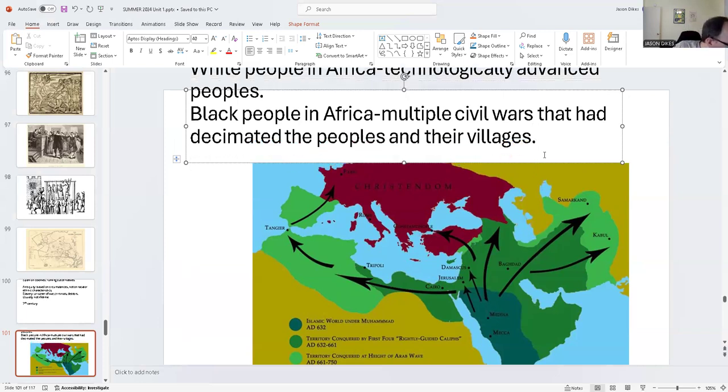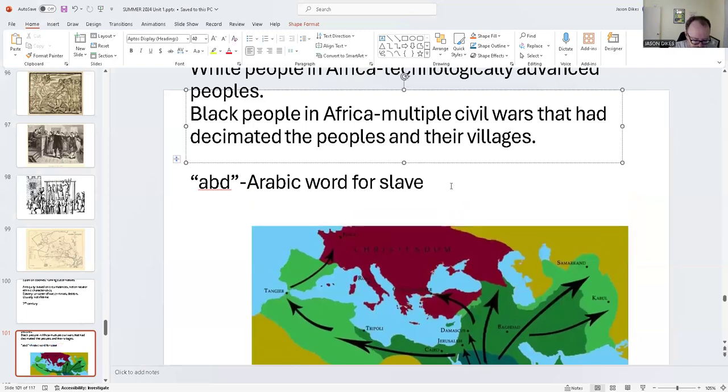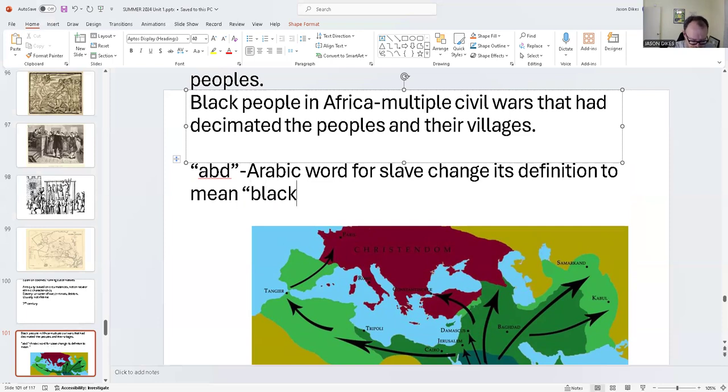In fact, within a century, this word, which is an Arabic word, would change its definition to mean Black male. And that happened in about a century.